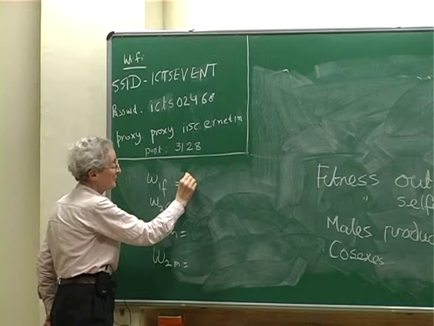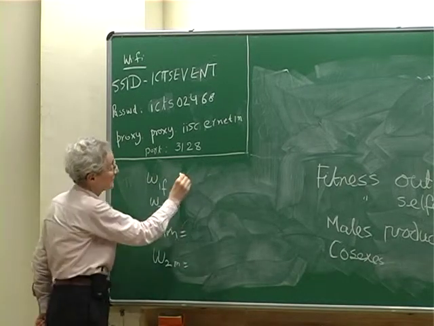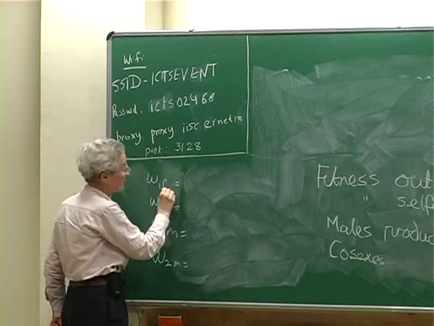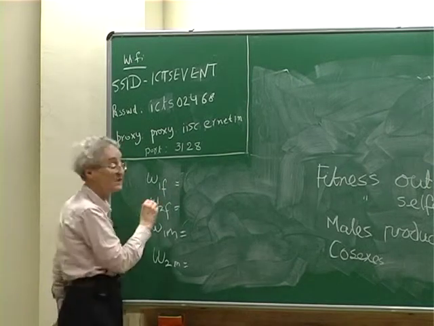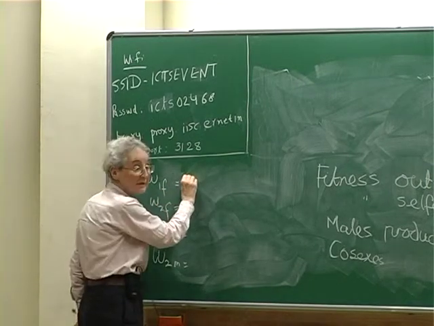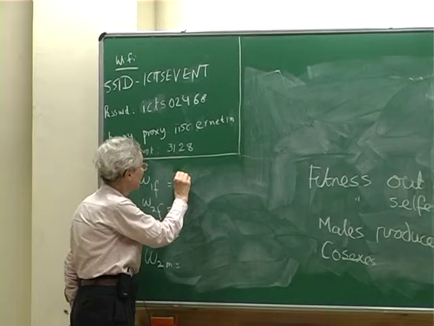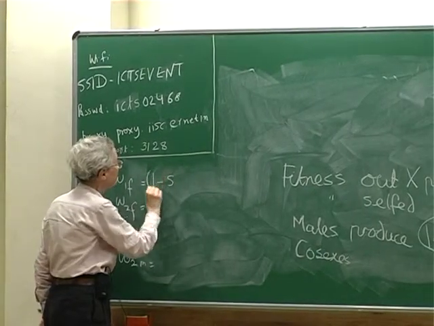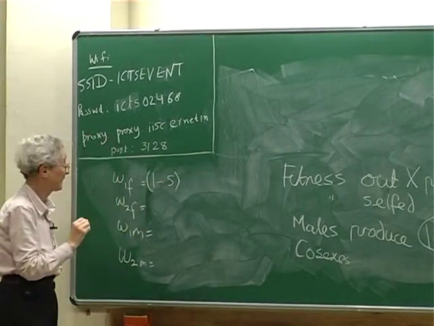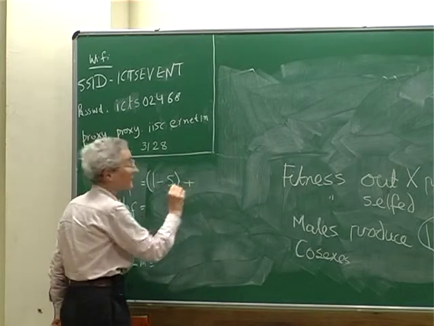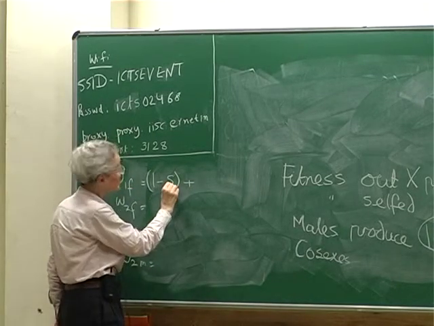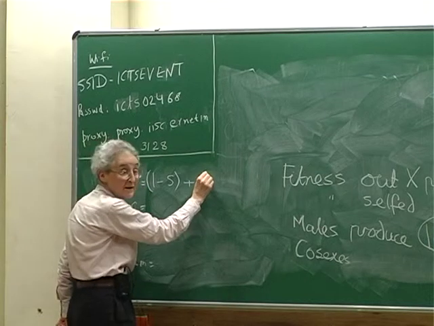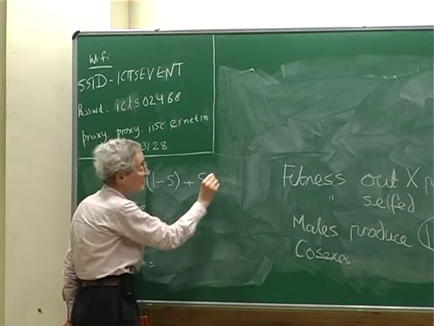So for the female contribution to the next generation through female fertility of the co-sexes, what do we have? That was the outcross through female and the self-fertilized.